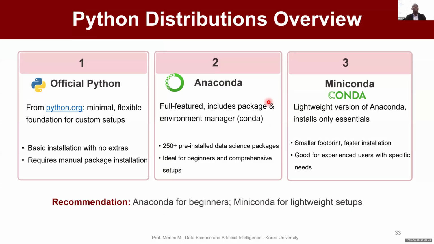The first one we have already installed is this Python interpreter. This is the basic. It comes with the minimal configuration of the Python interpreter. You don't have any support for editing, debugging. So to complement this Python interpreter, we have added the IDE, Visual Studio Code.